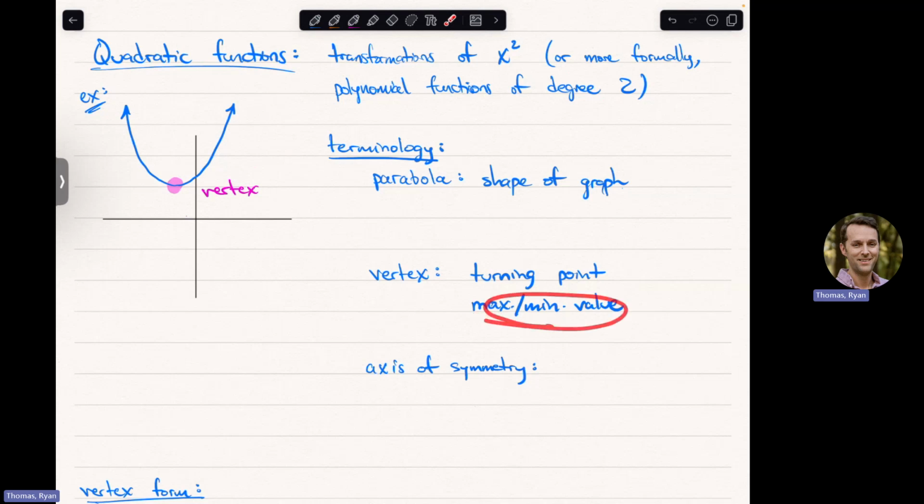So this is going to come up in a lot of applications, because maybe finding that vertex is going to tell us when I'm spending the least money, or maybe, for a function that's opening downward like this, this is the maximum.